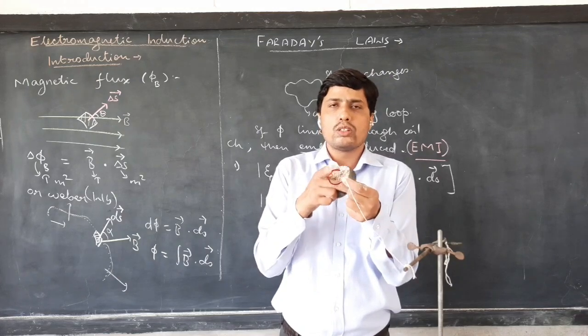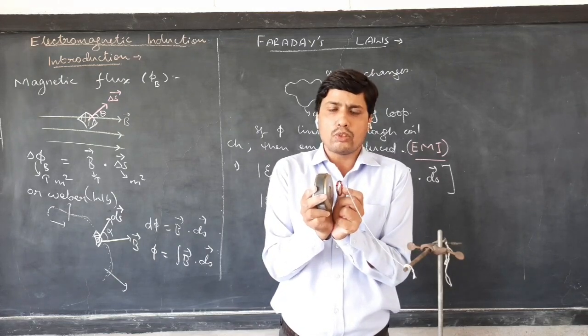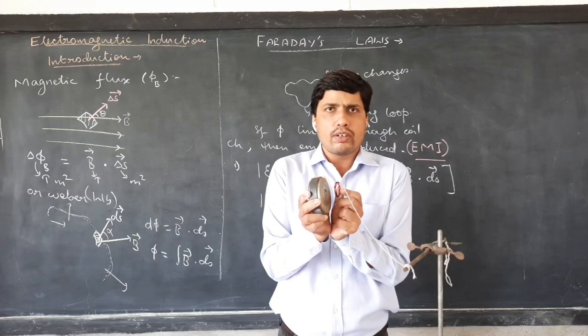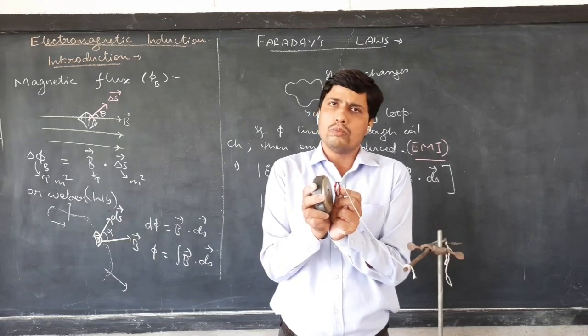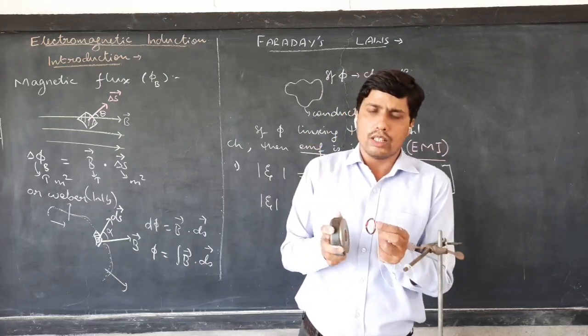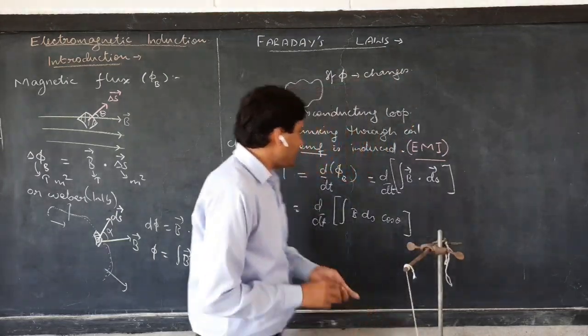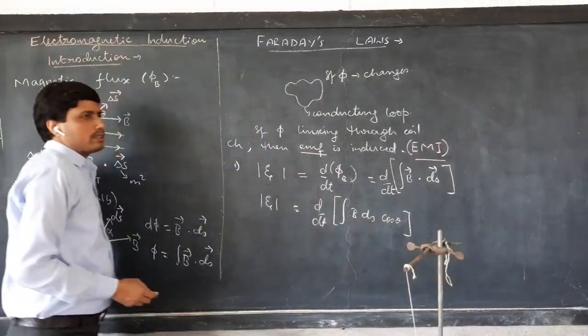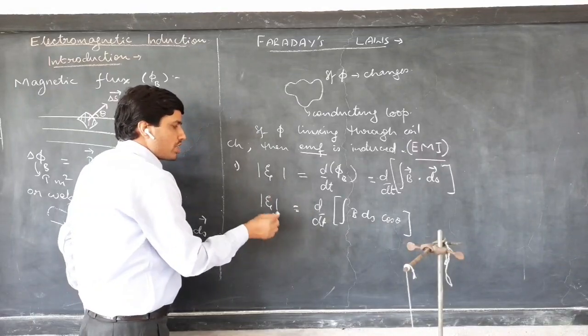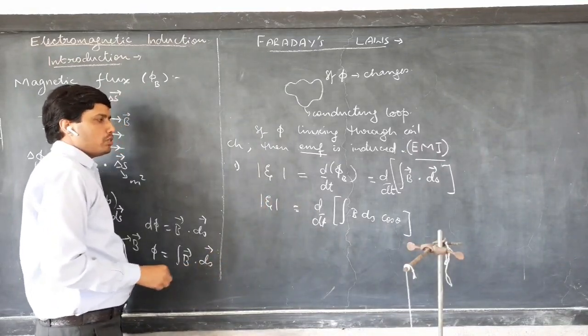Area of this circular loop is also constant. I am not changing it. And the angle between magnetic field vector and area vector will also remain same. In that case, howsoever strong this magnet may be, there will not be any change in flux. And therefore, if a flux does not change, then EMF induced will be zero.